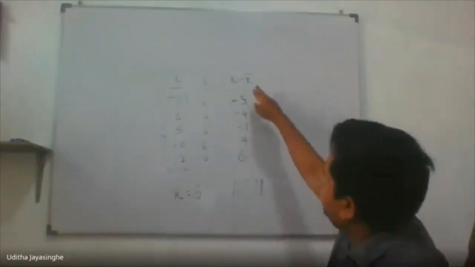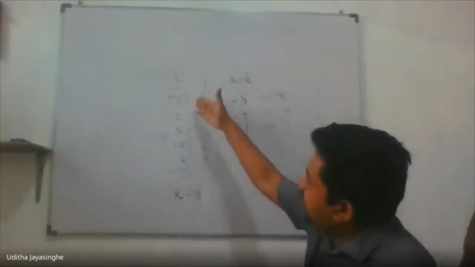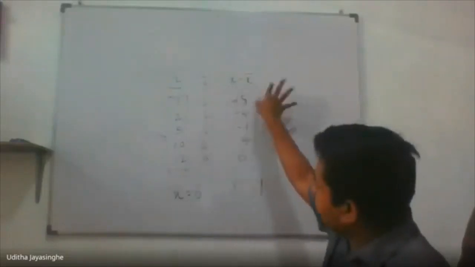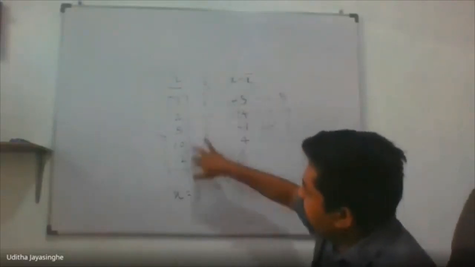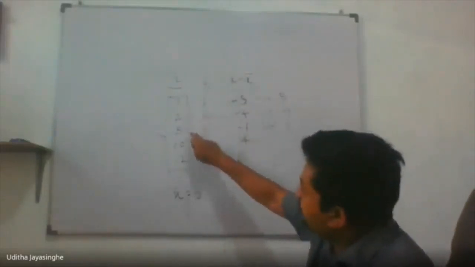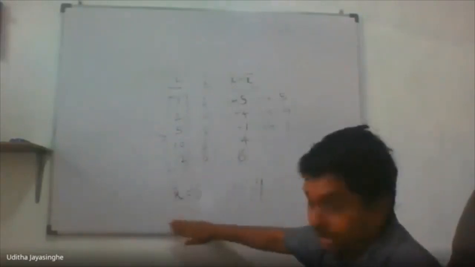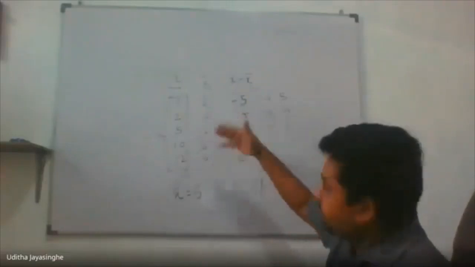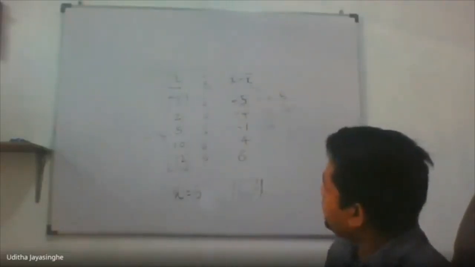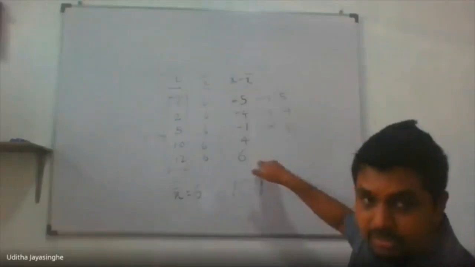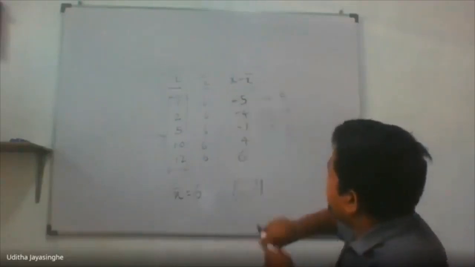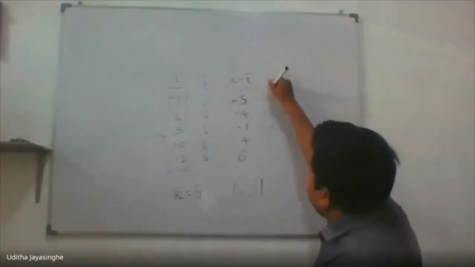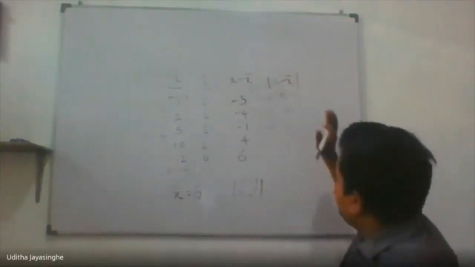Now in this column, I have the x in the first instance. This is our original data set. Don't get confused with the other jargon of numbers. This is all we have: 1, 2, 5, 10, and 12. Then I have the mean here. I took the mean to the second column for you to easily denote the x minus x bar. And then I have these negative numbers. I'm moving from x minus x bar to the modulus of x minus x bar, or the value only.